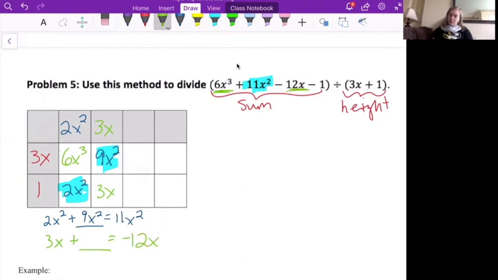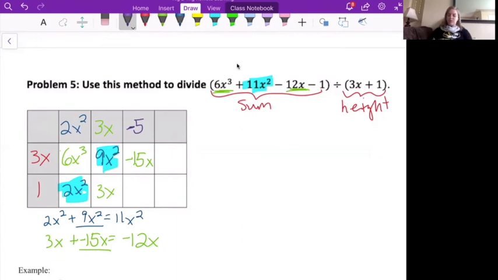And so this would be negative 15x. So then 3x times negative 5 would give me negative 15x.